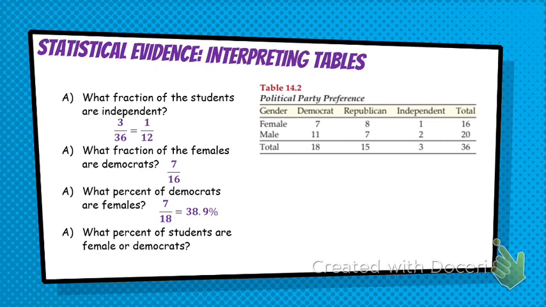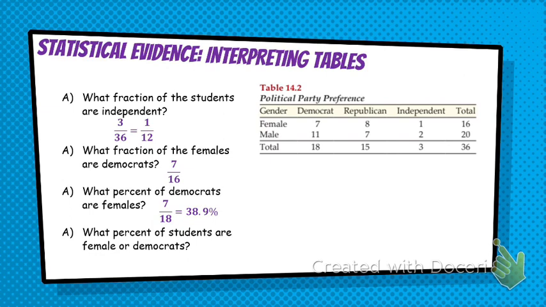What percent of students are females or Democrats? This one's a little bit tricky, only because it's like that probability we looked at before the break, where you can have something that happens twice, and you don't want to count this as 2 separate things.